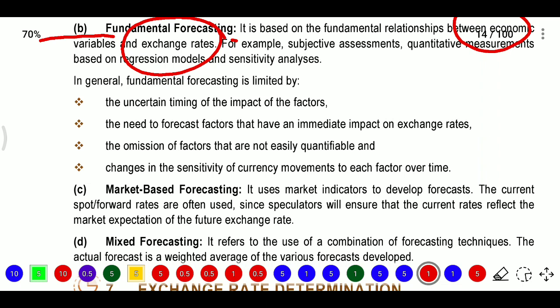In some cases there may be omission of factors that are not easily quantifiable. If you omit some transaction that is not easily identifiable, then also our decision may go wrong. And there are changes in sensitivity of the currency market to each factor over time. That is fundamental forecasting.